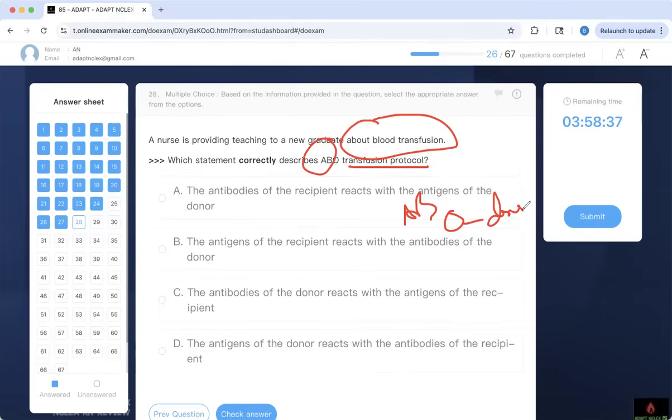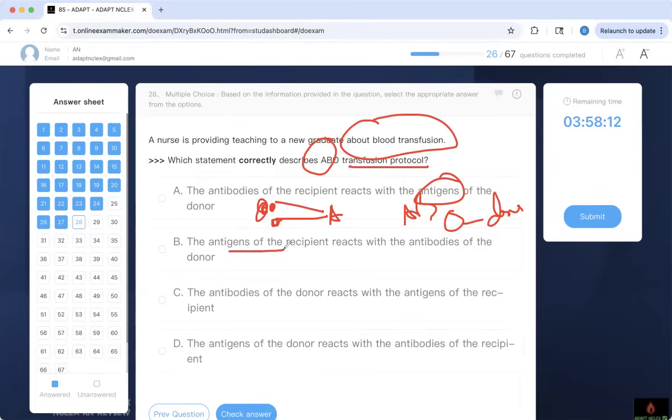The antibodies of the recipient, if this is me, my antibody should not react with the antigen of the donor. That is all. That is the key. Antigen of the recipient? No, it's the antibody. It's very confusing, so I don't want to keep on repeating. I want to show you the right way so that it doesn't play tricks with your brain.